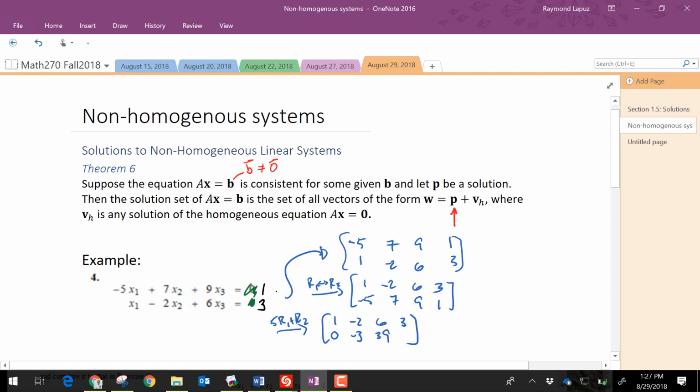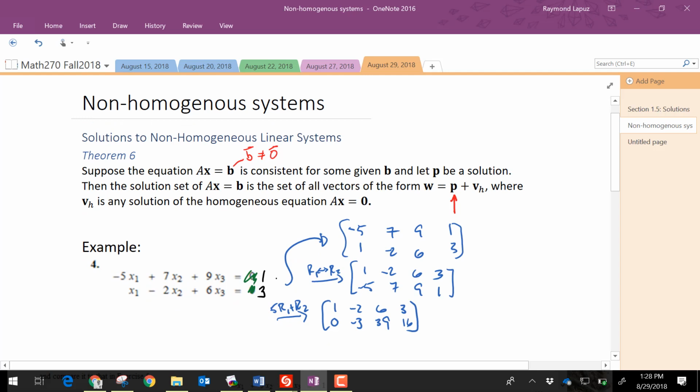And now we have this 5, 15 plus 1 is 16. And then it looks like the best way to solve for this is maybe to divide by 3, and so here we're going to get a fraction. Negative 1/3 R2 will give us 1, minus 2, 6, and 3 on top, 0, 1, negative 13, and negative 16 over 3.